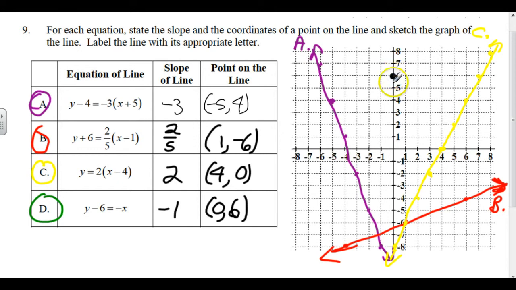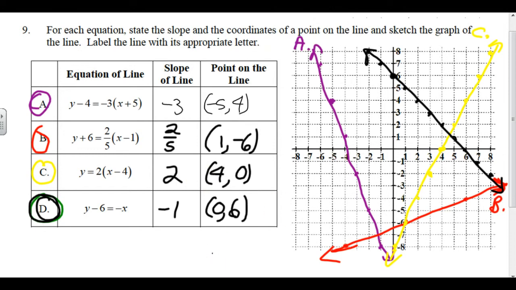Slope of -1, down 1 over 1, going down to the right on this diagonal, and the same thing going this way, and draw the line, which I had said was going to be green, but it's black. And there we go.